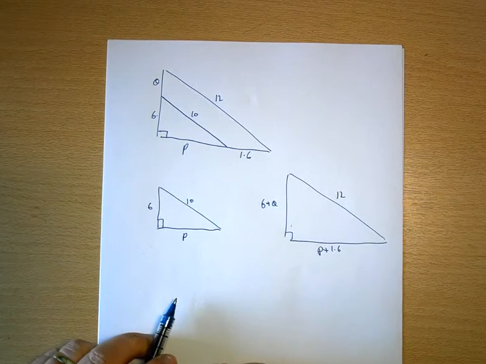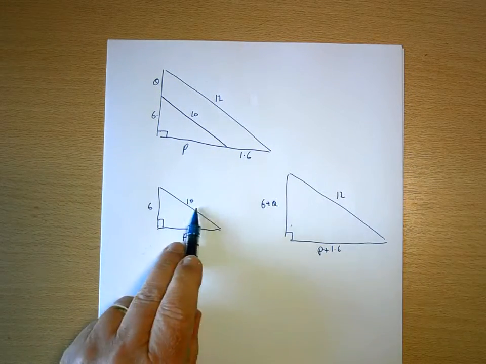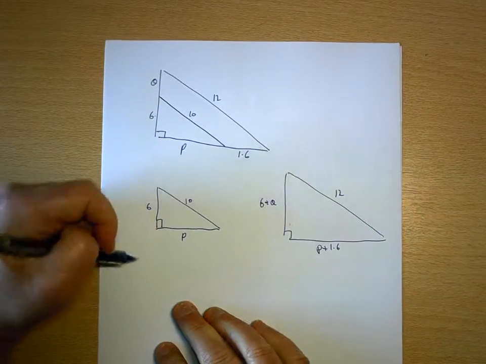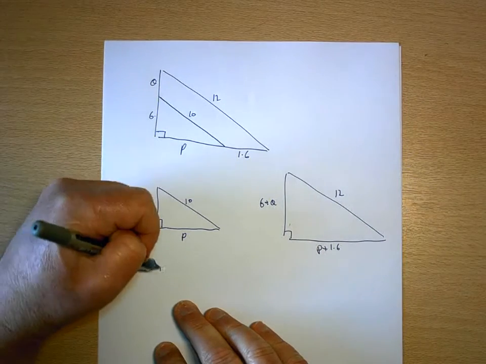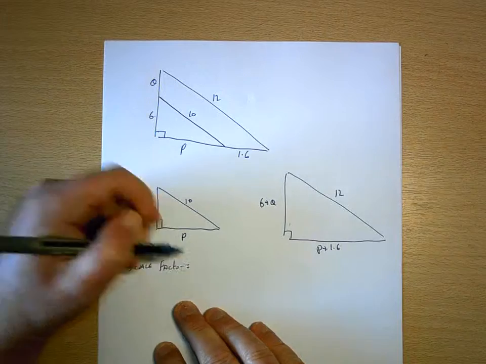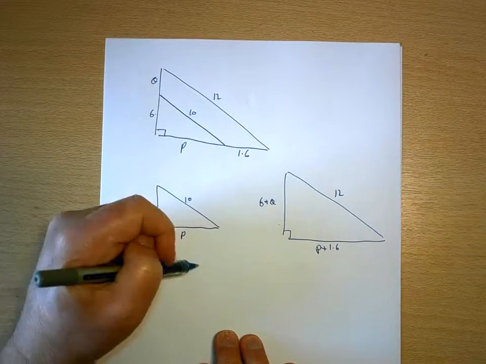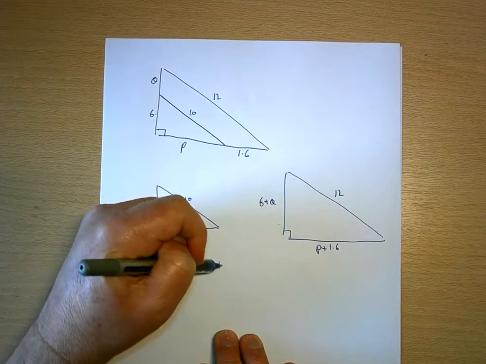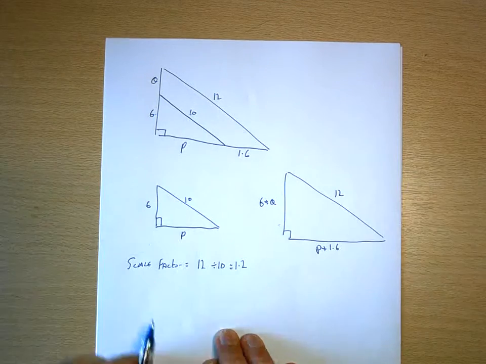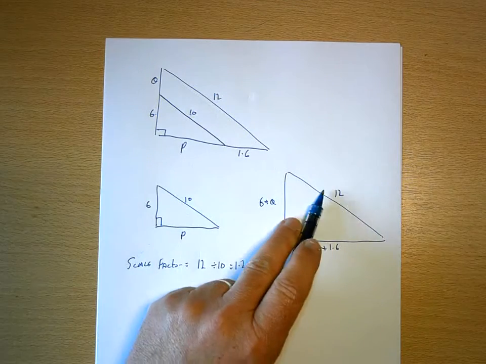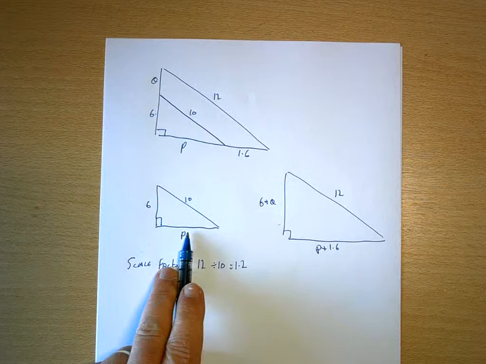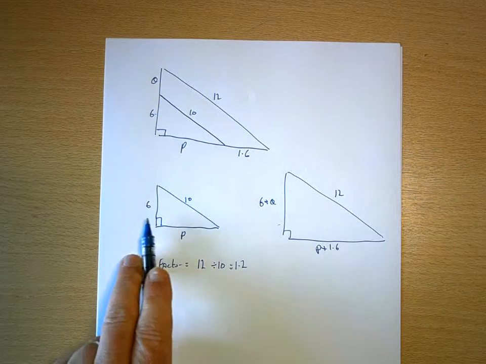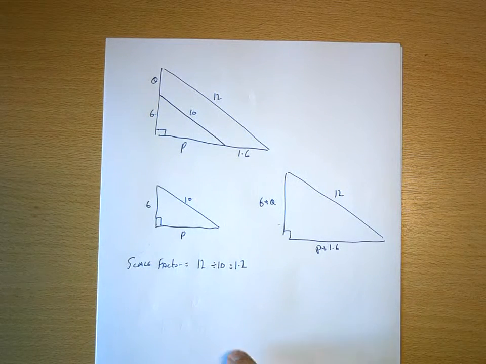So I'm looking for corresponding sides I know both of, which is the 10 and the 12. The scale factor will be 12 divided by 10, which is 1.2. So every side in this triangle is 1.2 times as big as the sides in this triangle.